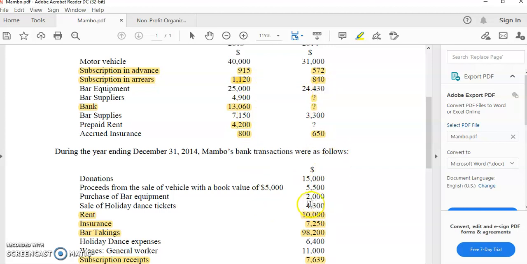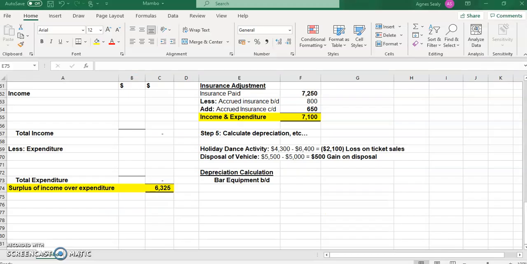But during the year, they bought some equipment for the cost of $2,000. So if they started with $25,000 and they bought some for $2,000, then we will add that to the $25,000, and then we will subtract what they had at the end to find out our depreciation.